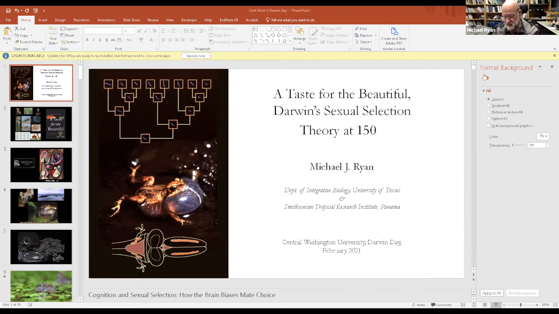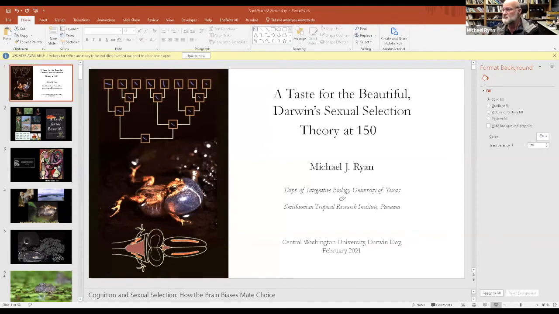Now, one thing that we've learned in the past few decades is that if we really want to understand the evolution of these beautiful traits, we really need to view these traits through the eyes and the ears and the nares of the females that are making these choices. So we need to know what's going on in the female's head, as it were, in her brain when she makes these kinds of decisions.